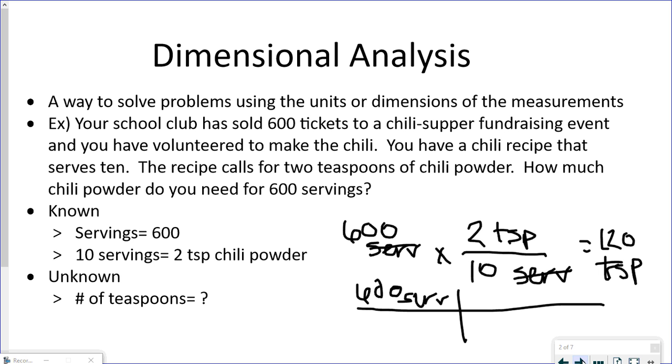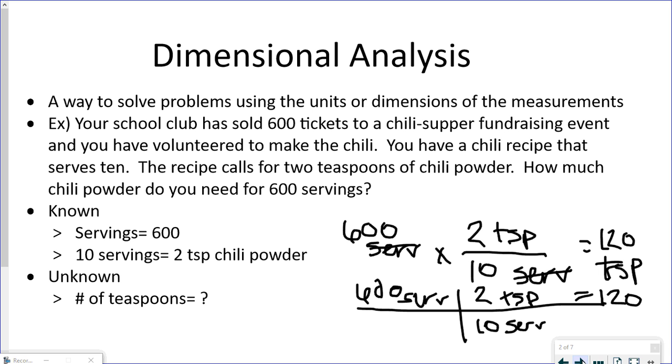And same thing, servings goes on the bottom. Your teaspoons goes on top. And that's still going to equal the 120 because any number on top of the line you would multiply by. Any number below the line you're going to divide by. So you may see examples written both ways whenever you're going through some of these.